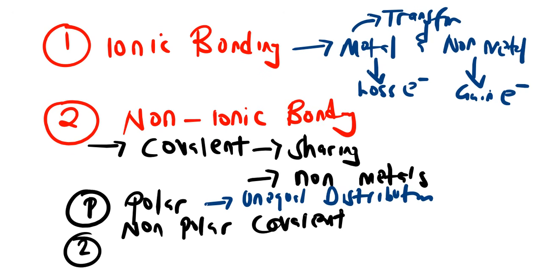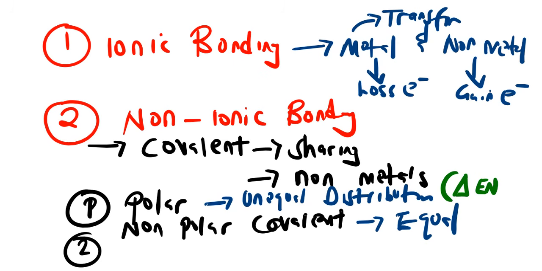Then on the other hand, in non-polar covalent, there is equal sharing of electrons. So what you should understand here is that in polar covalent bonding, there is the aspect of electronegativity. In this case, we're talking about the change in the electronegativity.